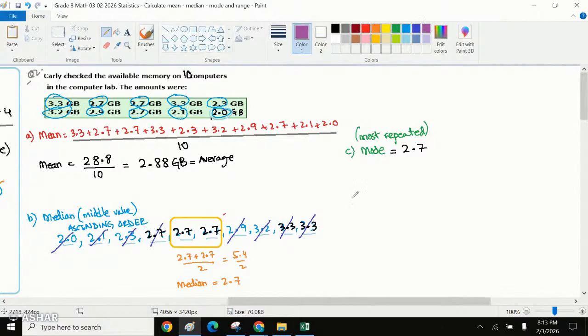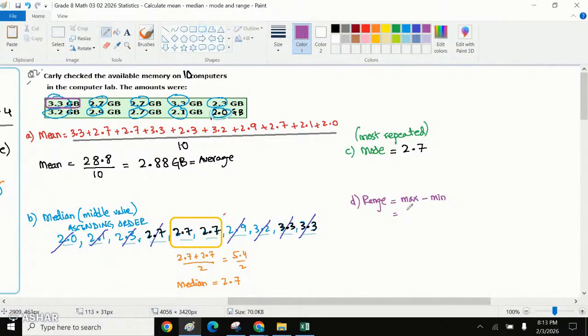What about the range? We know that range is always the maximum value minus the minimum value. What was the maximum value? Can it be 3.2 or can it be 3.3?